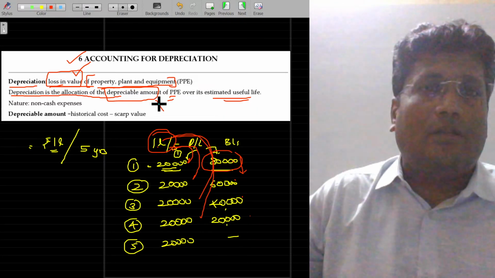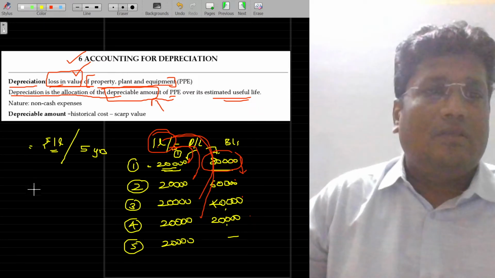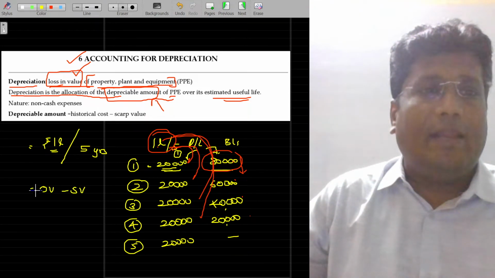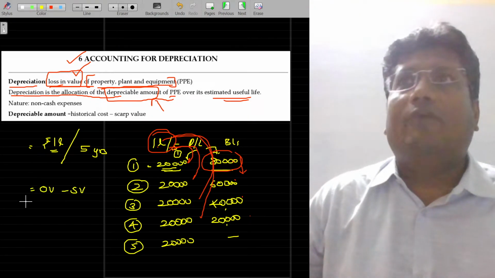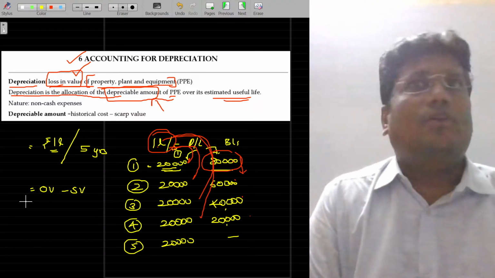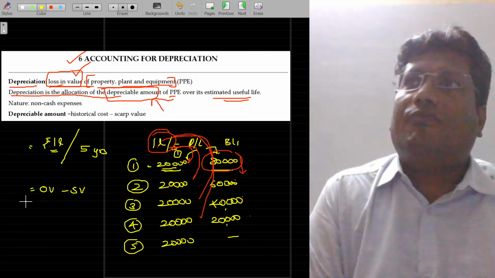Now you have to understand the term depreciable asset. Depreciable asset is nothing but the original value at which you purchased minus scrap value, which may be realizable at the end of its life. Whatever asset you purchase may have a useful life of say 4 years or 5 years. After that, what happens?